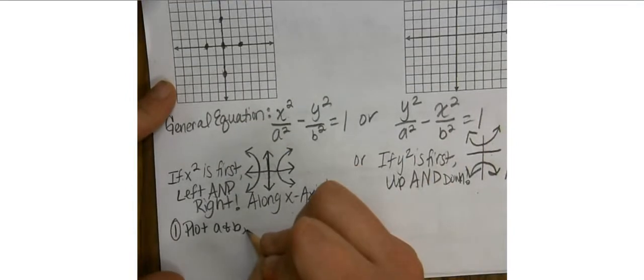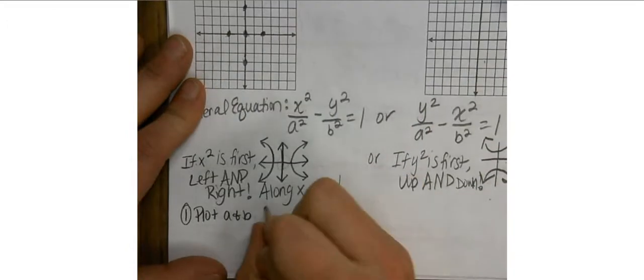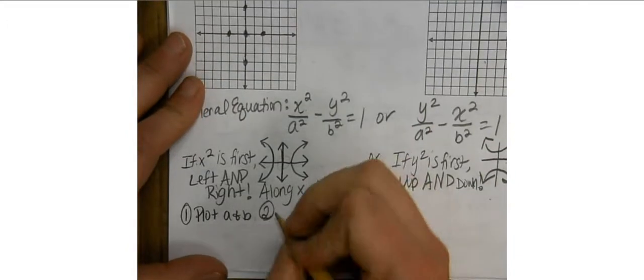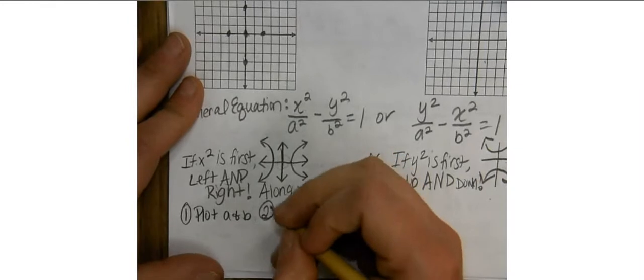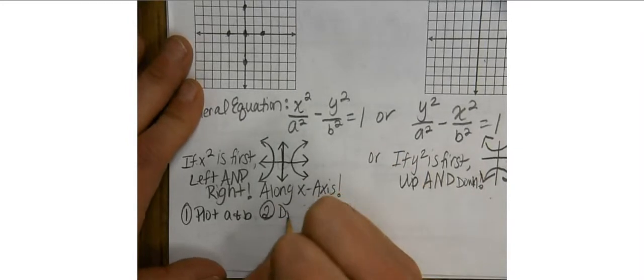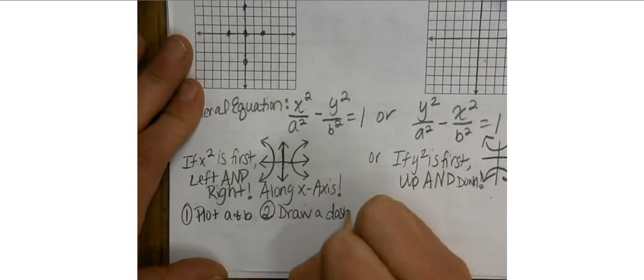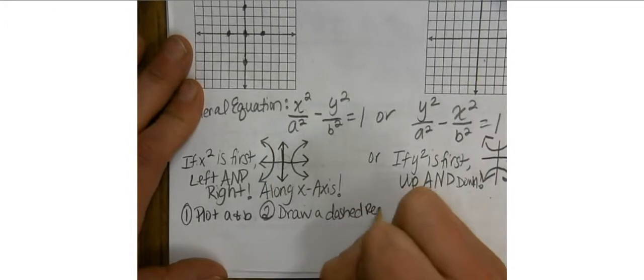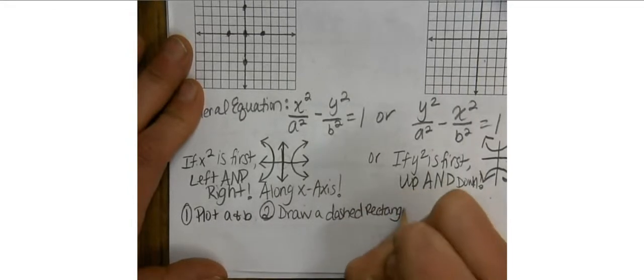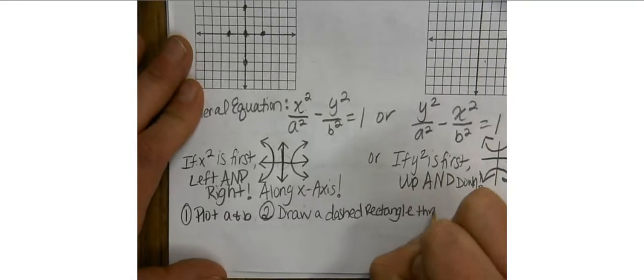I have my points. I plotted what I needed to. Next, I'm going to draw a dashed rectangle through my a and b.